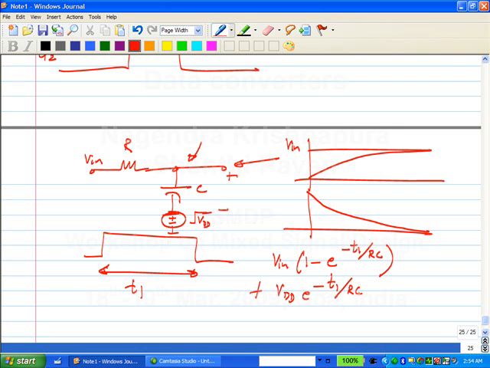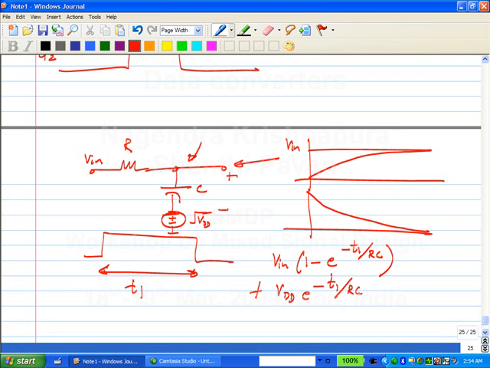You understand? Now do you want a circuit which remembers for a very long time or which forgets very quickly? In other words, if T1 is very short, do you think this RC time constant should be a large number or a small number?